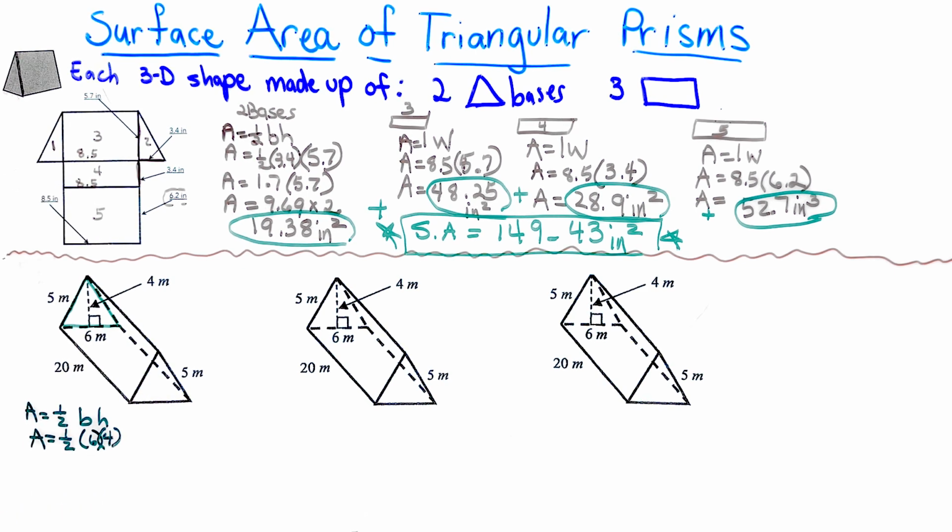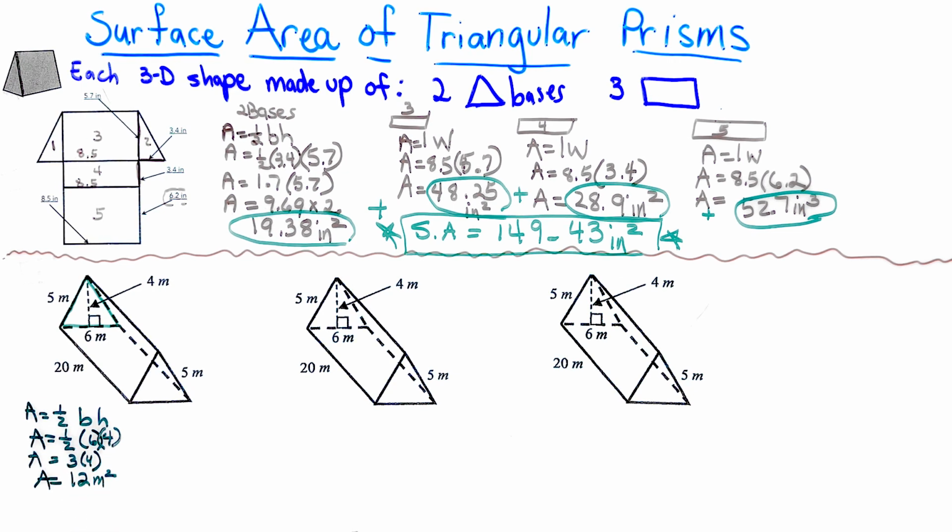So when we multiply those, we have area is equal to 1/2 of 6 is 3, and 3 times 4 is equal to 12. So our area just for the one is 12 meters squared.